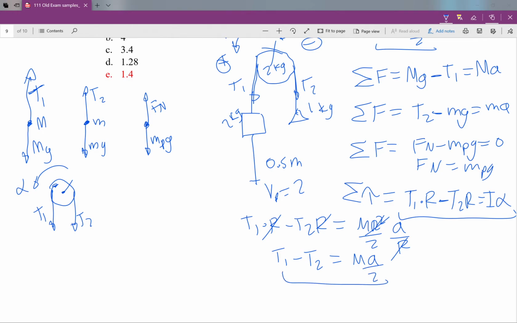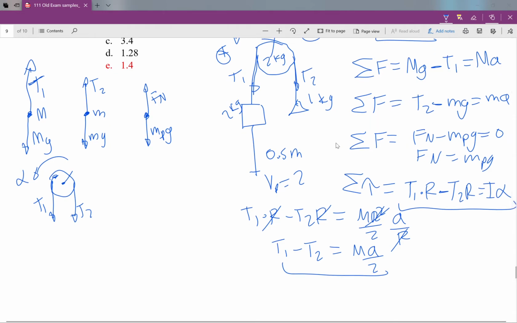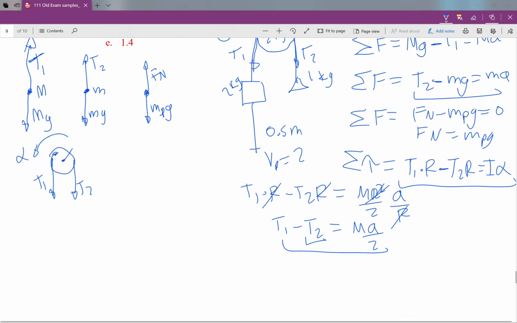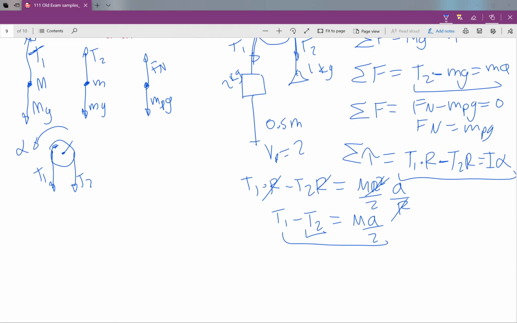And we can use this equation with the other equations. As you can see, T2 is negative over here and T2 is positive over here. So if we add these two equations, T1 minus T2 equals ma over 2, plus T2 minus little mg equals little m times linear acceleration.